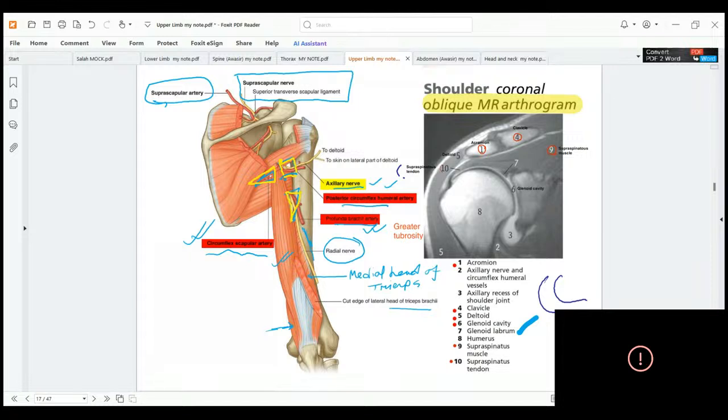Four is clavicle. Nine is supraspinatus muscle. Six is glenoid cavity. 10 is supraspinatus tendon.